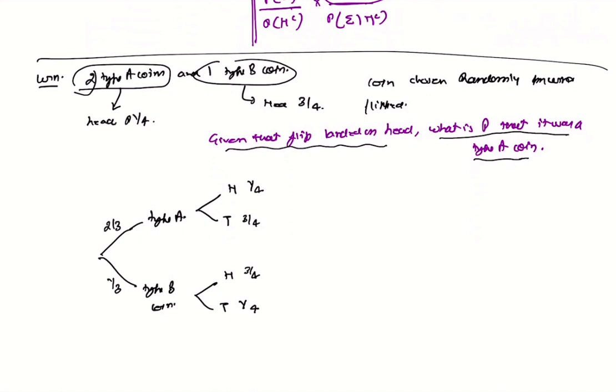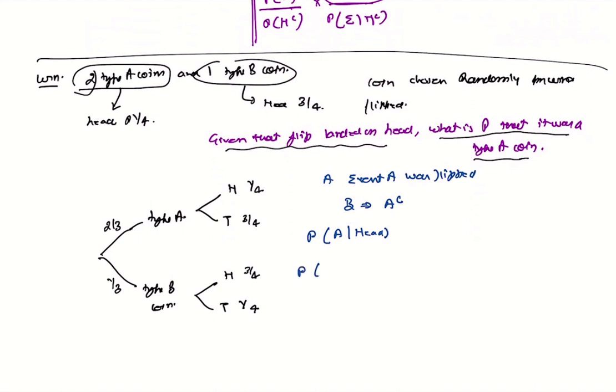Okay, so we calculate the odds ratio. Let A be the event that A was flipped, and B is going to be A complement, because you are only flipping A or B. We want to know the probability of A, knowing that you get a head.